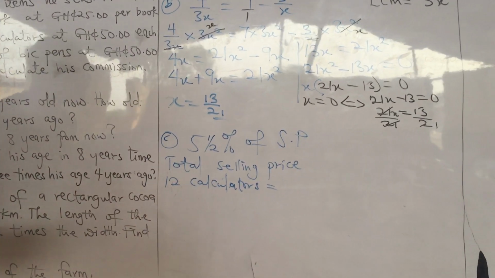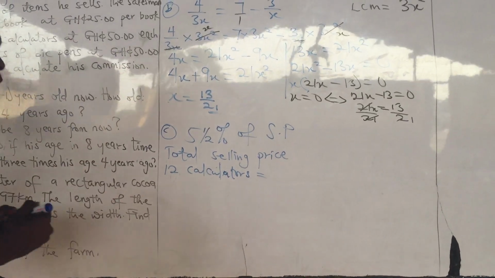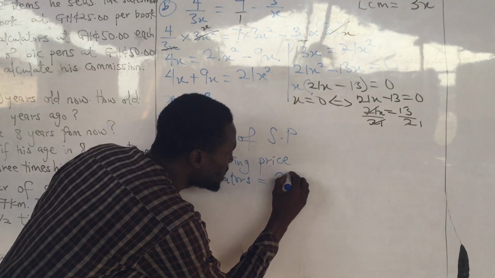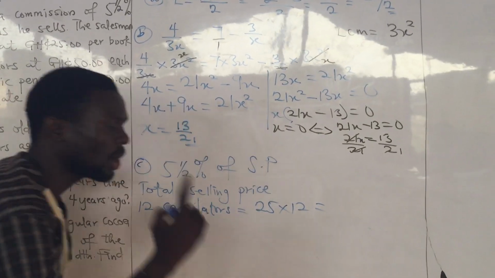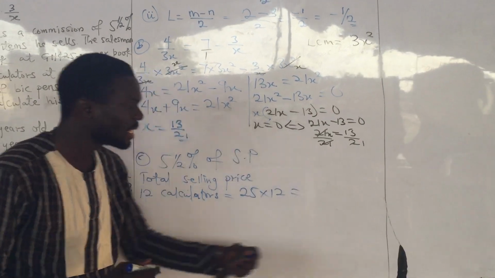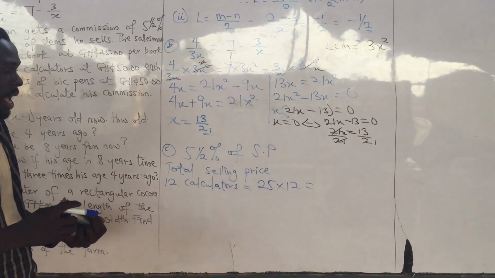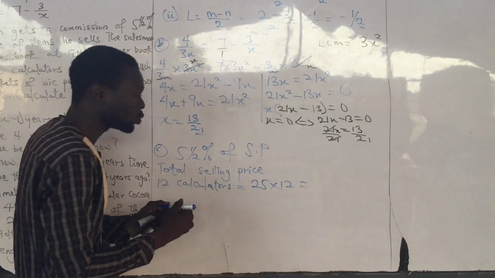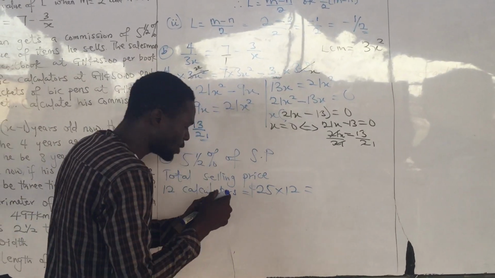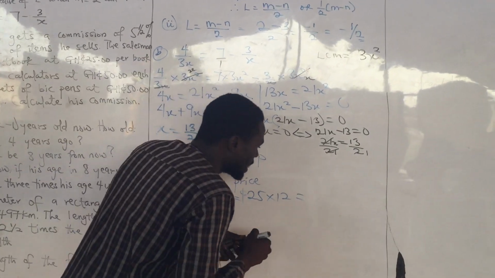For the 12 books, he sold one for 25 cedis. So we are going to calculate 25 cedis times 12. One is 25. So for the 12, we multiply it by 12 to get the total. And when you multiply 25 by 12, we are going to get 300 cedis.